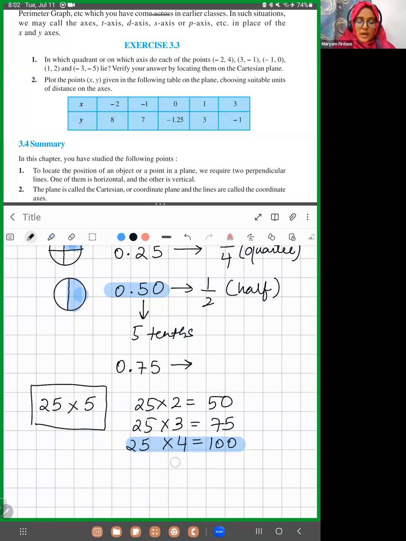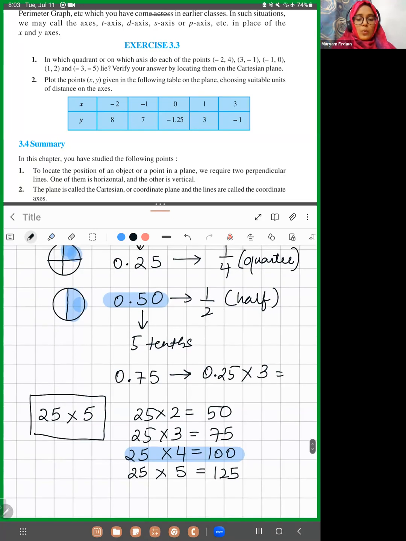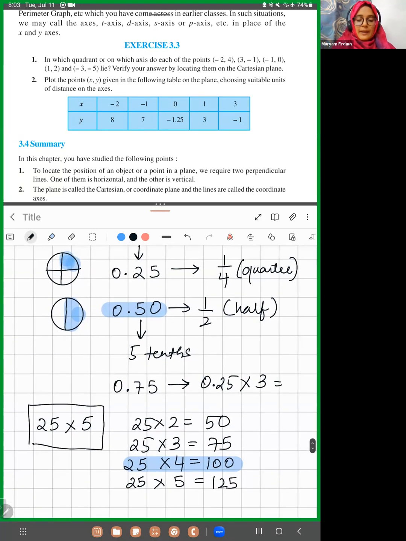And then 25 multiplied by 5 is 125. Please note it down in your notebook that you have to memorize till 25 multiplied by 5. 0.75 is basically 0.25 multiplied by 3, which means 1/4 multiplied by 3.